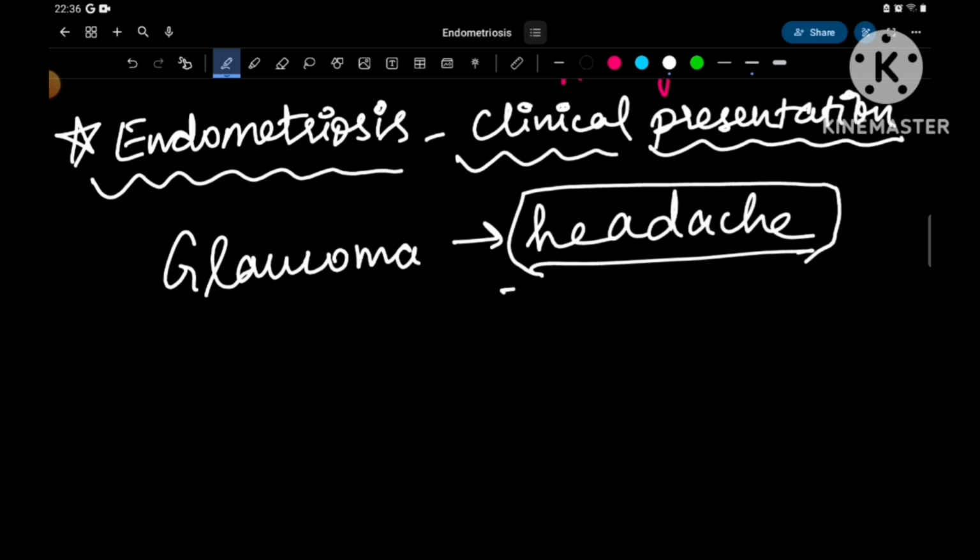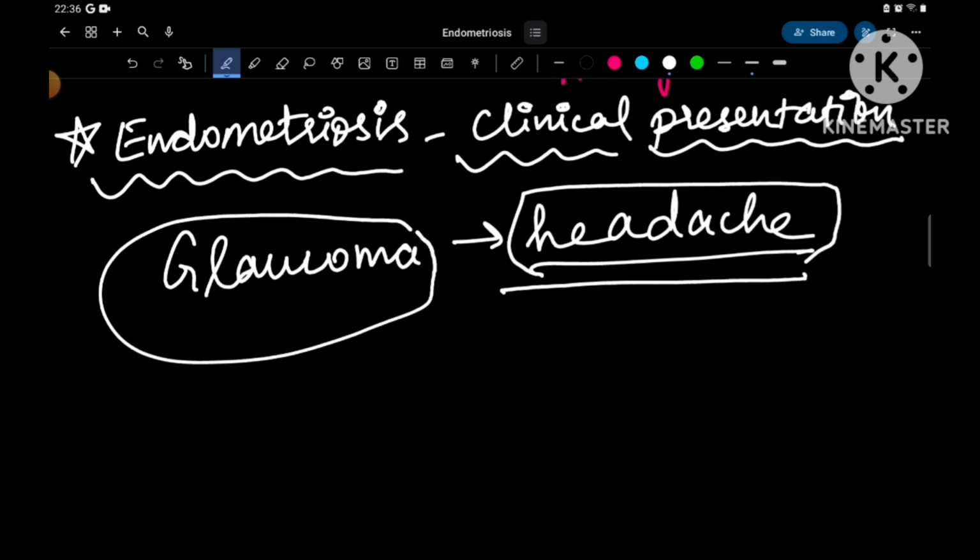But headache is an important symptom in glaucoma. For those who are using gadgets, studying a lot, straining their eyes, headache is a warning sign. Glaucoma is a reversible condition provided we present early, but this condition presents with such a non-specific sign, guys.